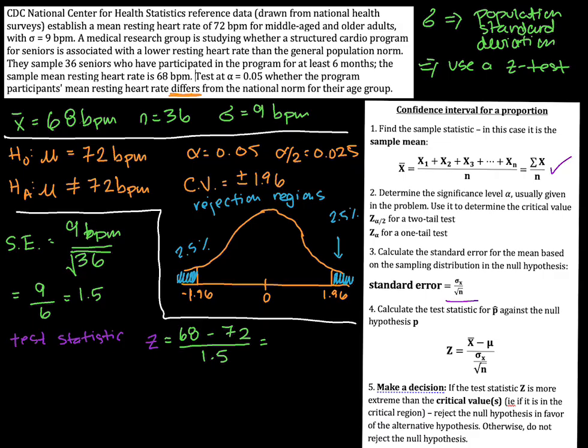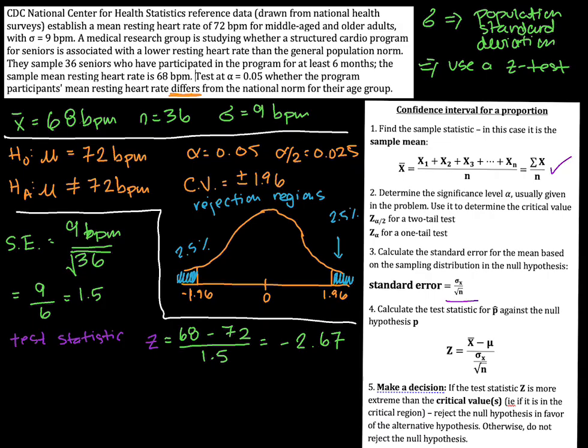So just doing that on my calculator, I get 68 minus 72 divided by 1.5. And so I get negative 2.66666. So I'm going to round it to negative 2.67.